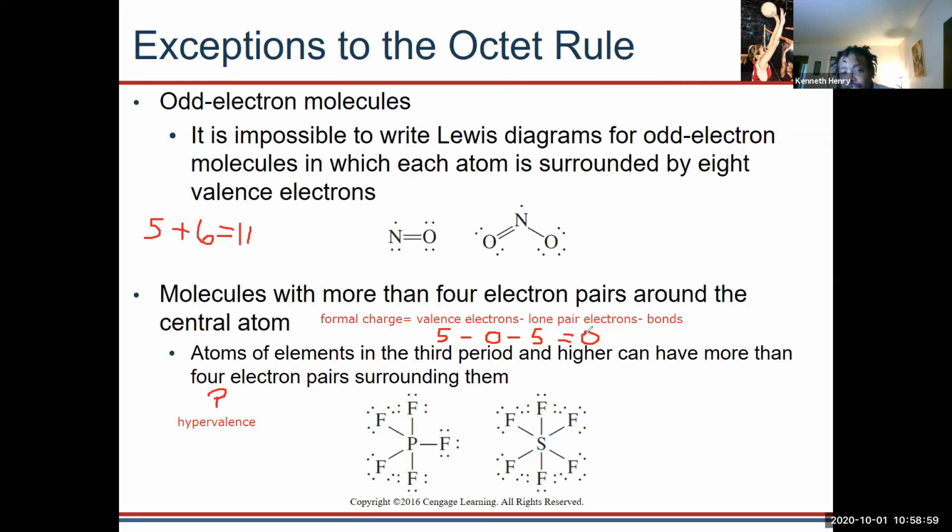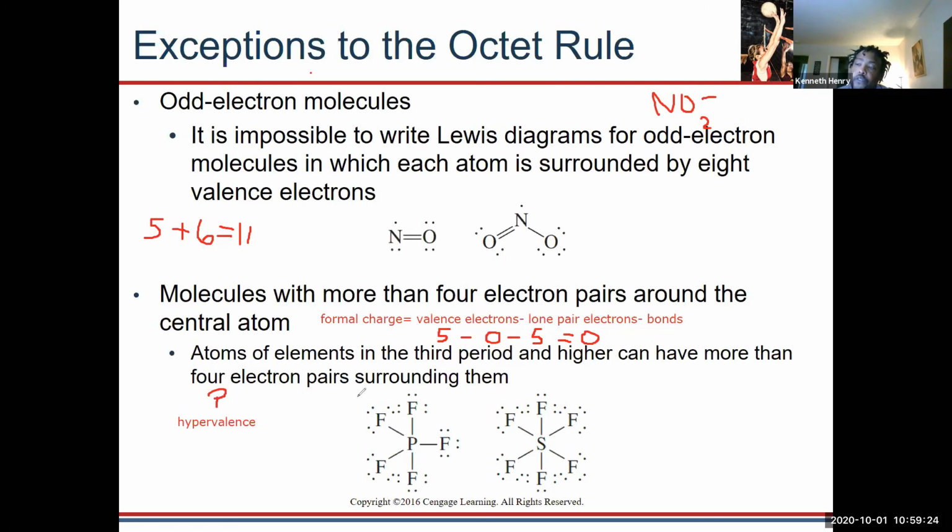If you have a 0 state, that is the best state, okay? Now, if you have a polyatomic ion, say, as we did earlier, NO2 minus, it has a charge. The sum of all of your formal charges altogether should add up to that ion's charge, okay?